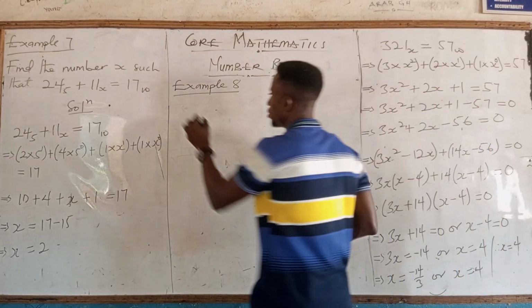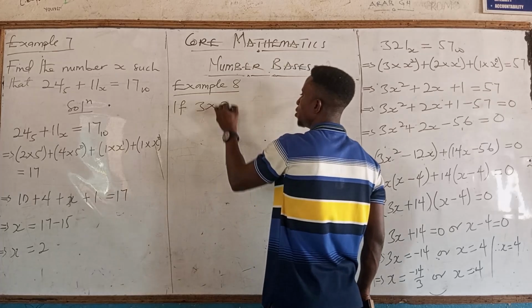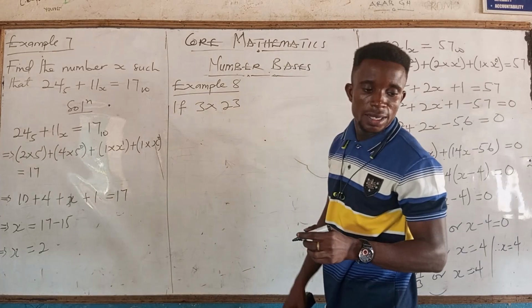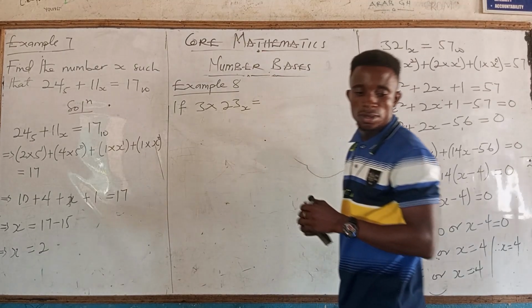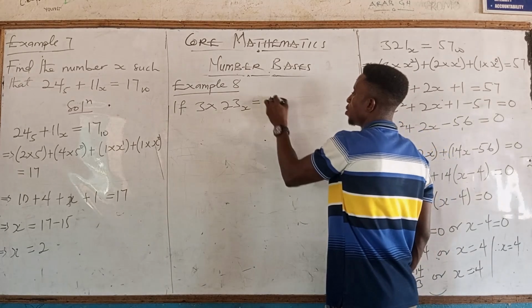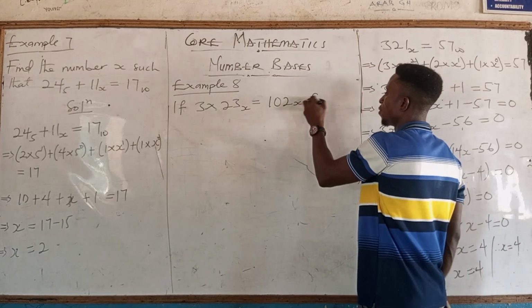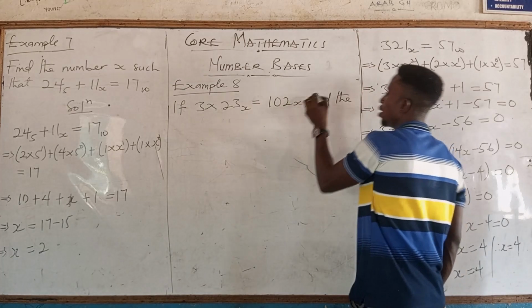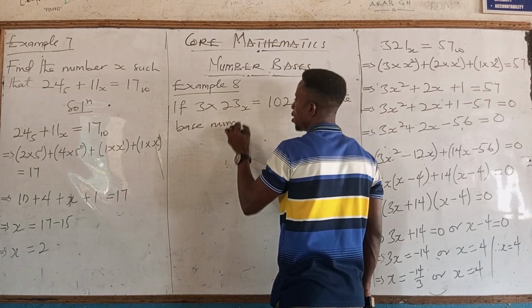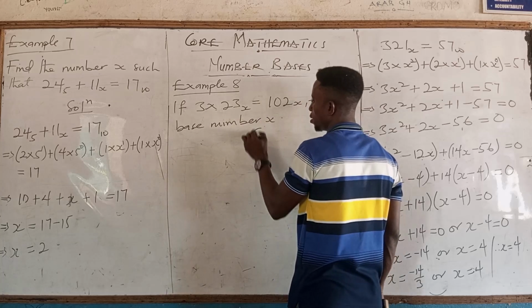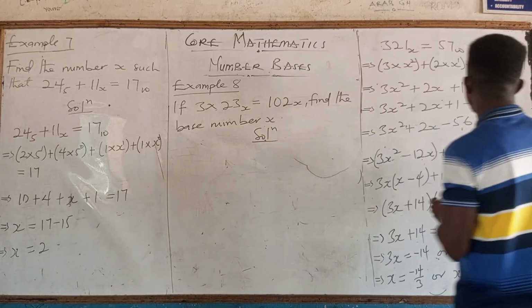If 3 times 2 3 base x is equal to 102 base x, find the base number x.